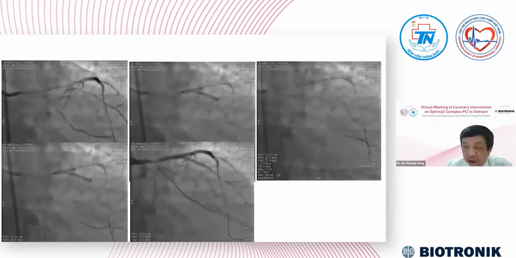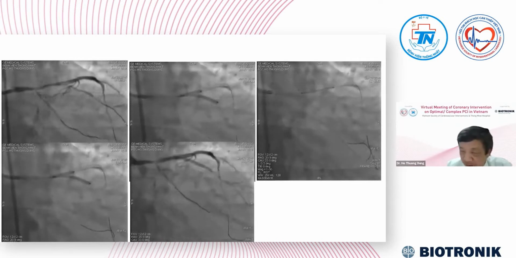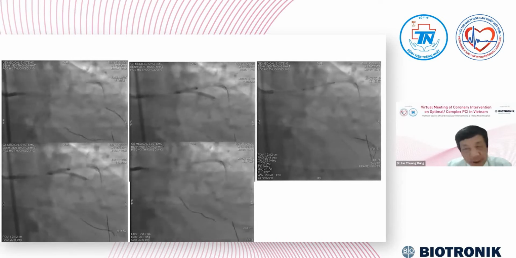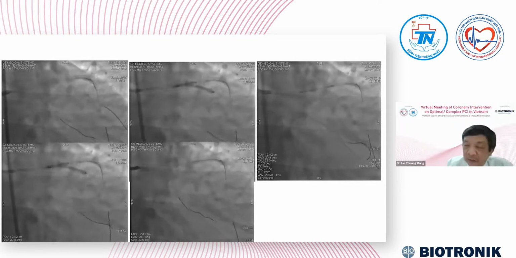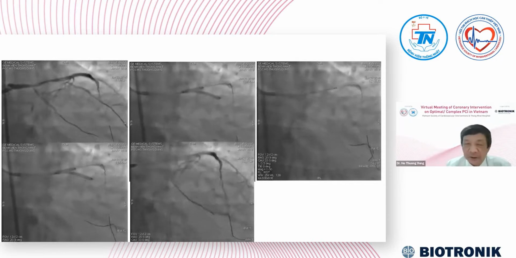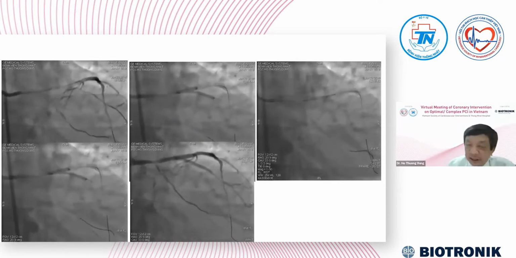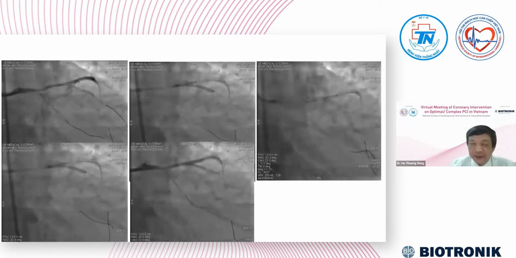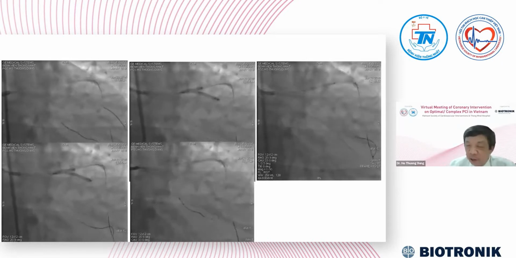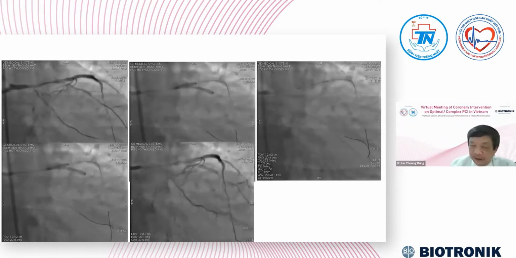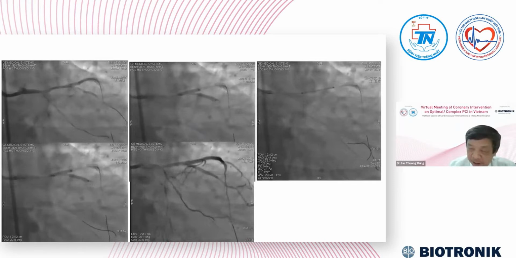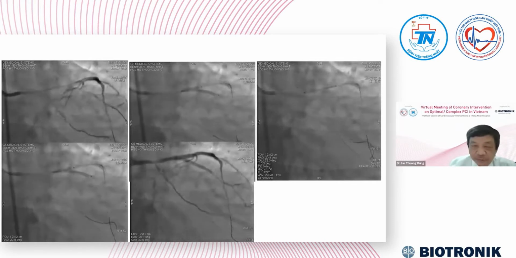And if the vessel is very small and the OCT catheter is inside, we cannot flush the blood out, so it cannot record the image. So we did an estimation, not exact: maybe 2.5 in the mid LAD, 2.5 in the diagonal, and maybe 2.75 in the proximal LAD.